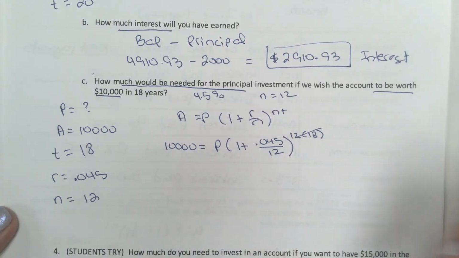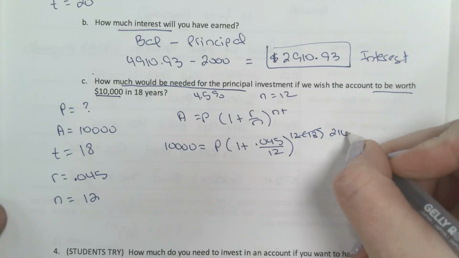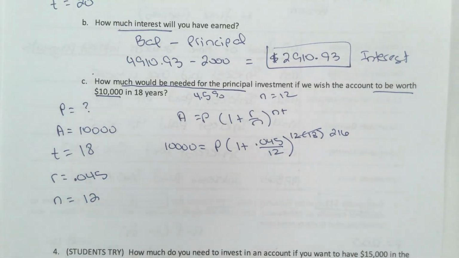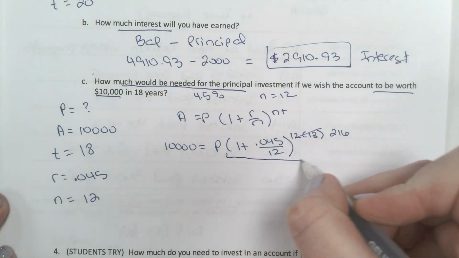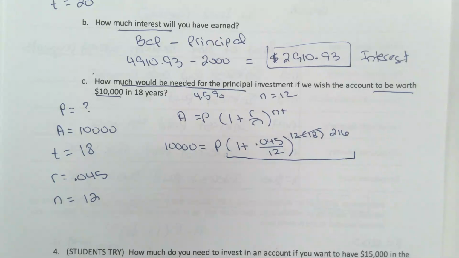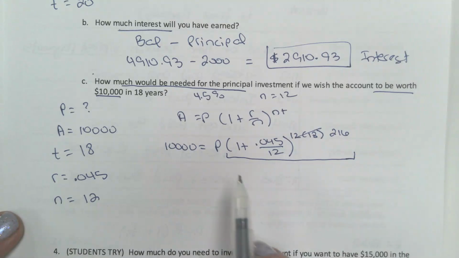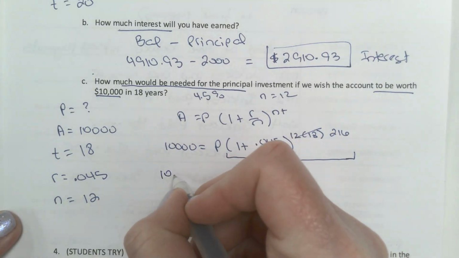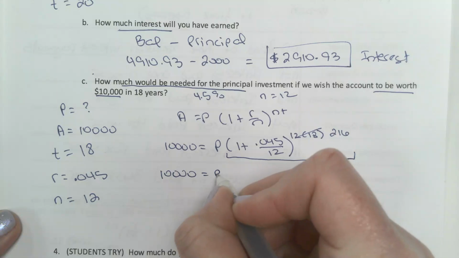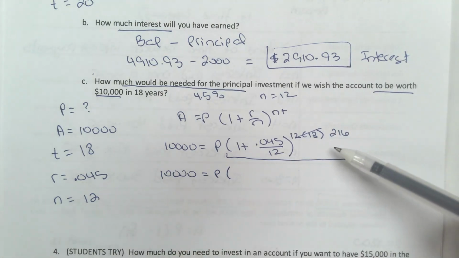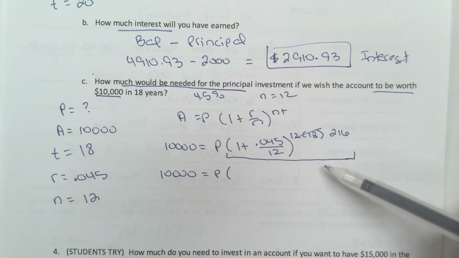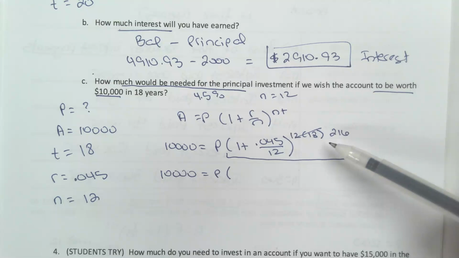I'd probably take 12 times 18 and get 216. All of that you can certainly stick in your calculator. This is what I would call an intermediate step. Some of you have really good calculators and some of you, it's fine.